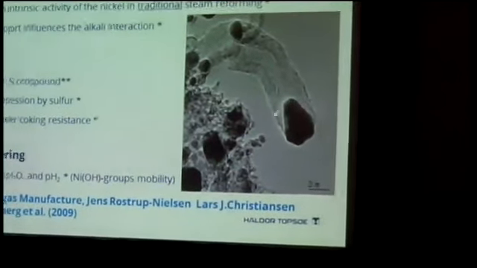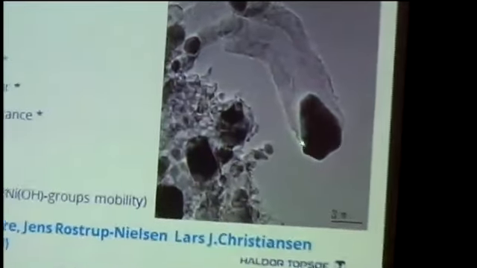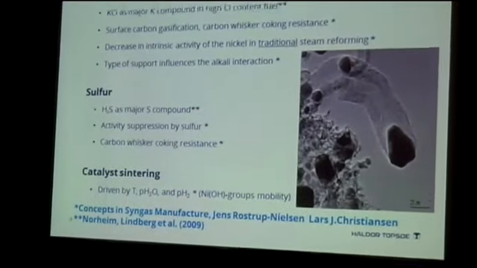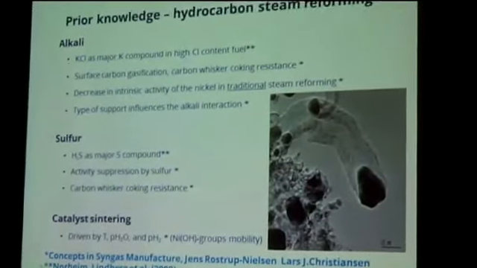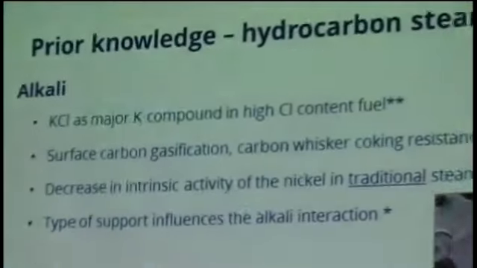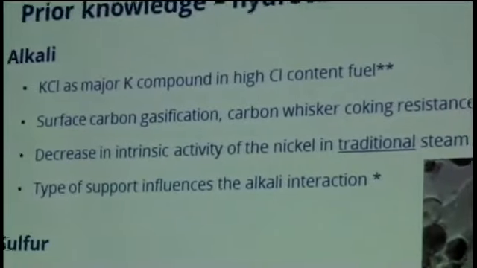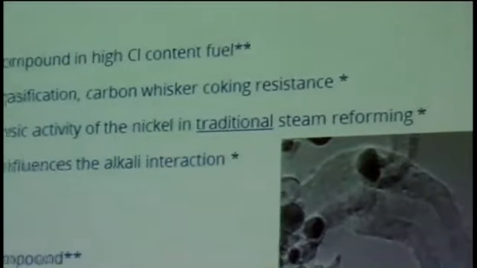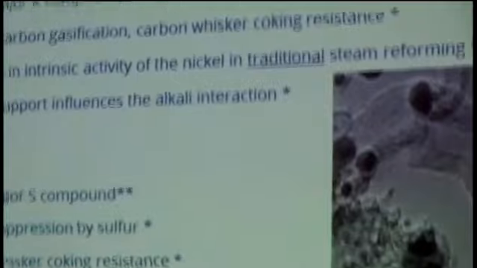This here is these carbon whiskers that Jens Rostrup has worked quite a bit with. These whiskers grow after the nickel particle, and you get internal pressure in your pellets, and you can completely pulverize your catalyst. So a bit of potassium has proven beneficial, and so has sulfur, but you also do get the activity suppression, and this is all well known in the literature.